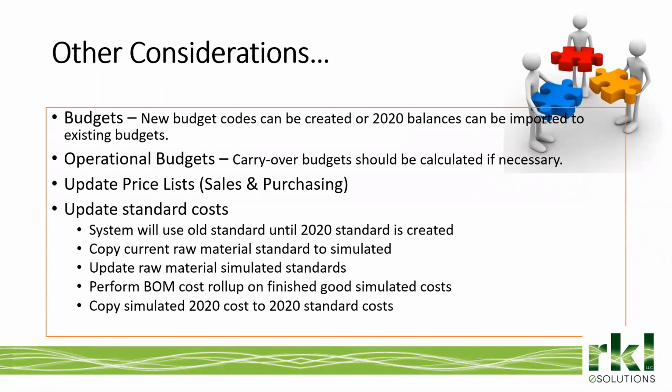All right. Regarding the sales and purchasing price lists, if you use those, now is a great time of year to update them. But a couple of things to consider on that. So depending on how you set those up when you originally put them in, some people set the validity date to end at year end if you're expecting new pricing.